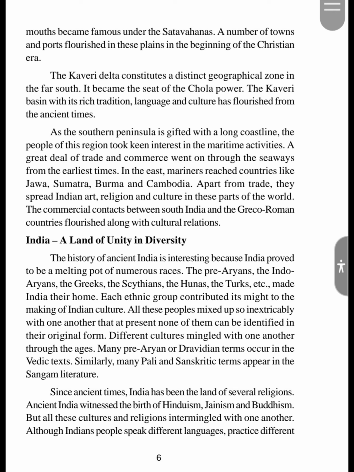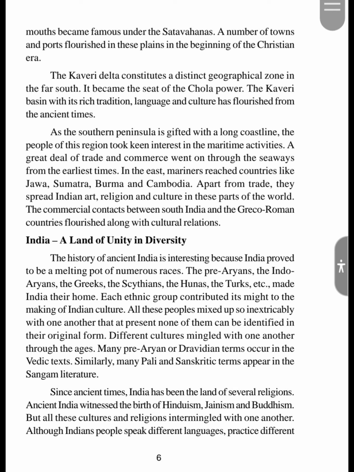Many pre-Aryan or Dravidian terms occur in the Vedic texts. Similarly, many Pali and Sanskrit terms appear in Sangam literature. Since ancient times, India has been the land of several religions.